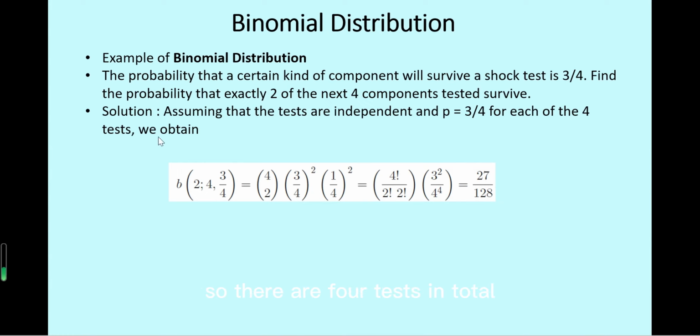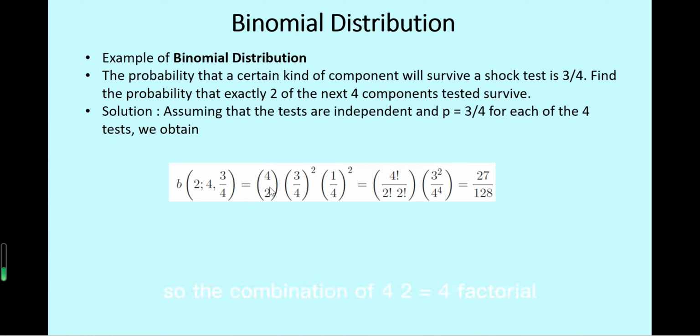There are 4 tests in total, and we can calculate the binomial distribution's probability of x equals 2, because we want to know exactly 2 here. X equals 2 and n equals 4, with p equals 3/4. So it is C(4, 2) times (3/4) to the power 2 times (1/4) to the power 2.